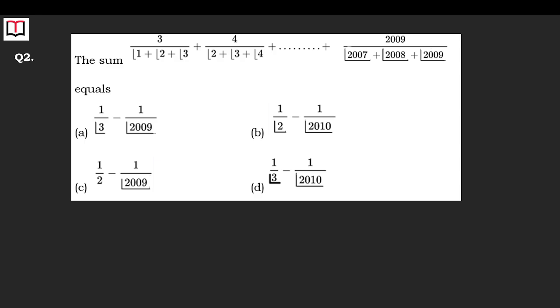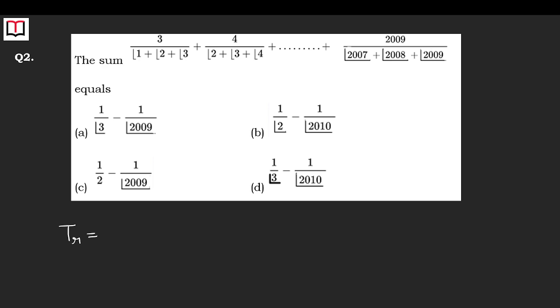Now the second question is the sum of this one. Again, whenever we have to solve or evaluate a series, the first step without fail should be to write the general term.